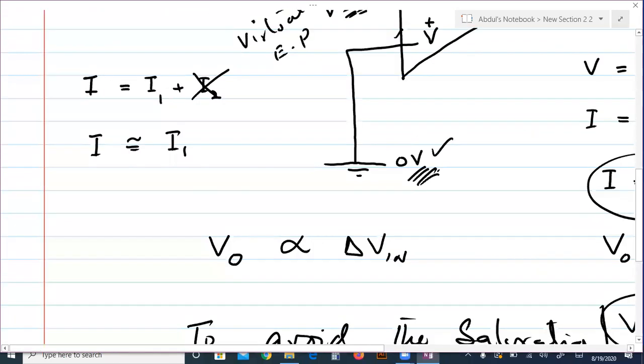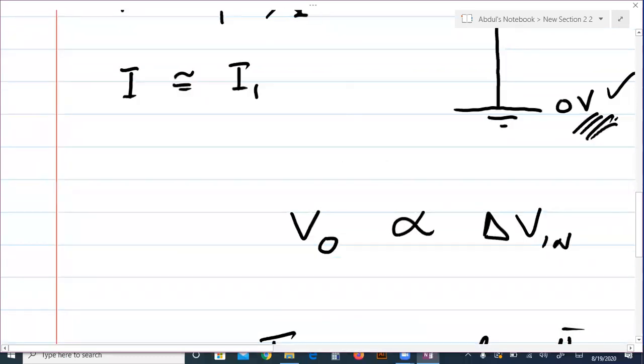I is equal to I1. So if I is equal to I1, the expression for I is input voltage divided by Ri, and the expression for I1 is minus V naught over RF.